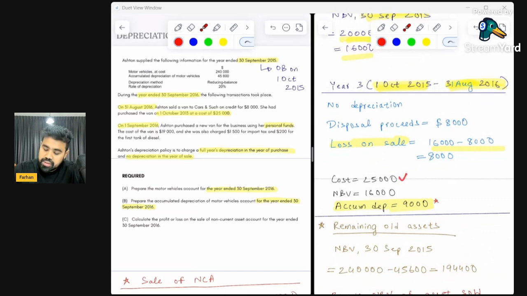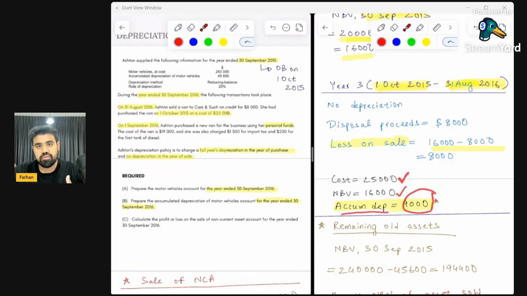So the cost of this asset which we had sold, the original cost was $25,000, which we paid to buy this asset on the 1st of October 2013. The net book value is $16,000, which you just worked with. If that is the case, can we confidently say that the accumulated depreciation for this asset is $9,000 when we sold it, right?